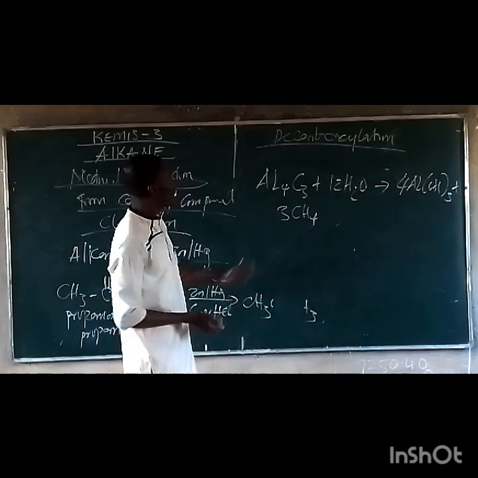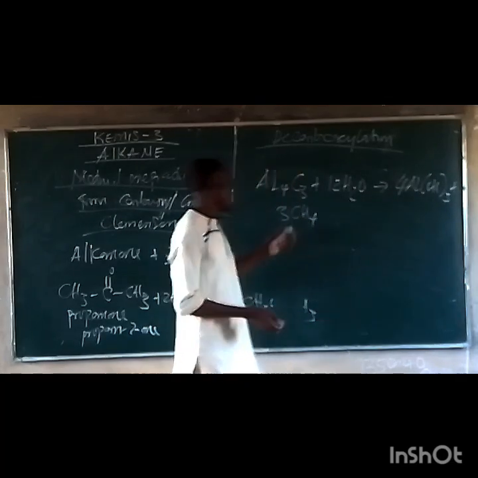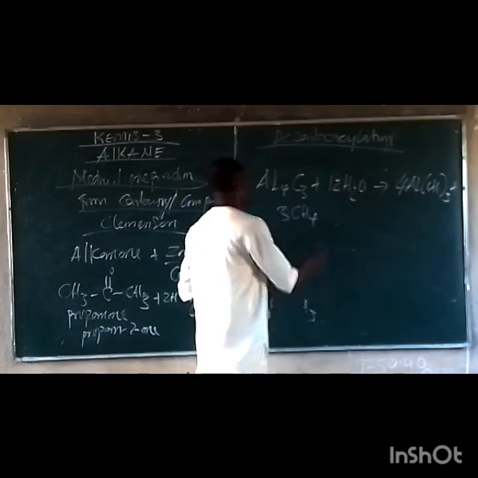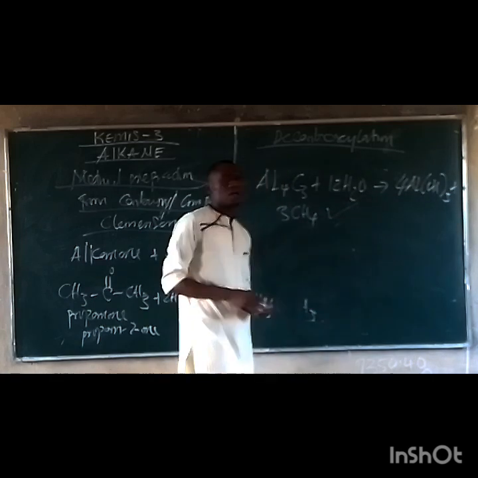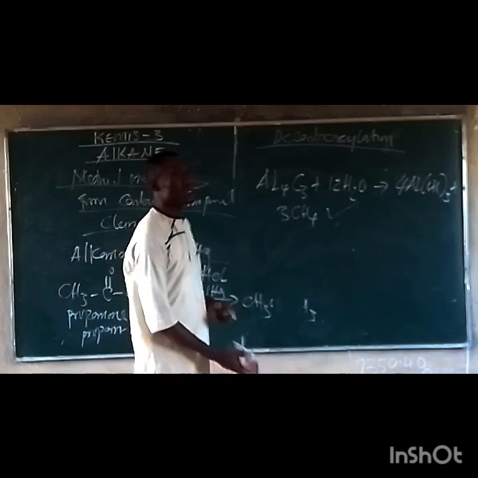So this is what we have. When you add water to aluminum carbide, you're going to have aluminum hydroxide and then methane. Now this method, you should note it if you're writing the UTME exam.